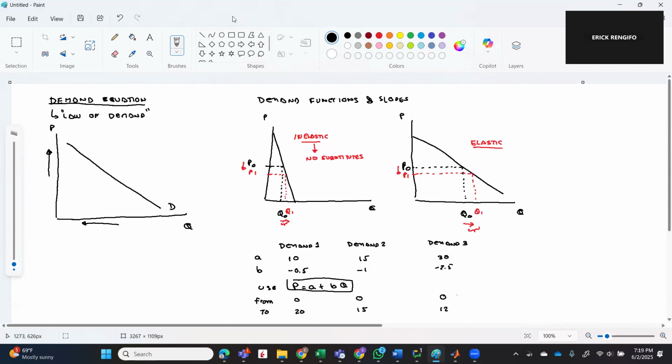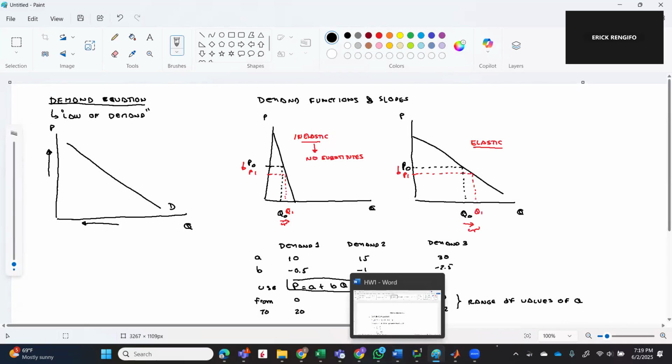So this is the range of values of Q. Okay? So basically, I'm giving you the y-intercept and the slope for three demand functions. So all the three demand functions have this form for a mathematical formula.